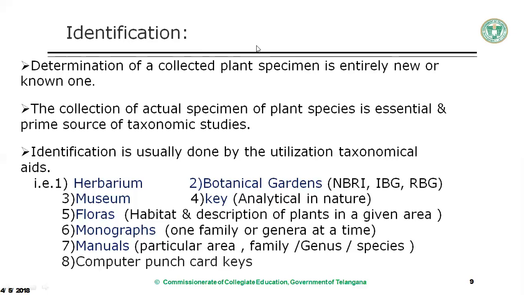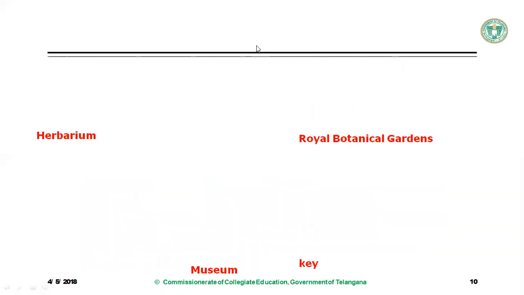Cleome is the genus, so a number of species are available in the Cleome genus. The seventh one is manuals, and the eighth, nowadays we are using computer punch card keys to identify the plants.